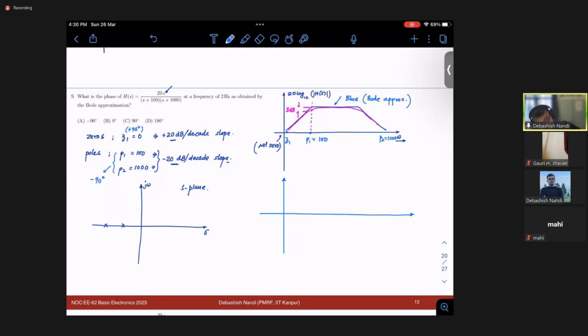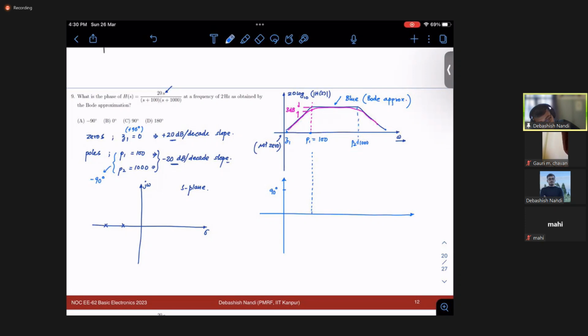So at the beginning you start with 90 degree, then you fall at this point. P2 is not here. P2 will be at this place, right?